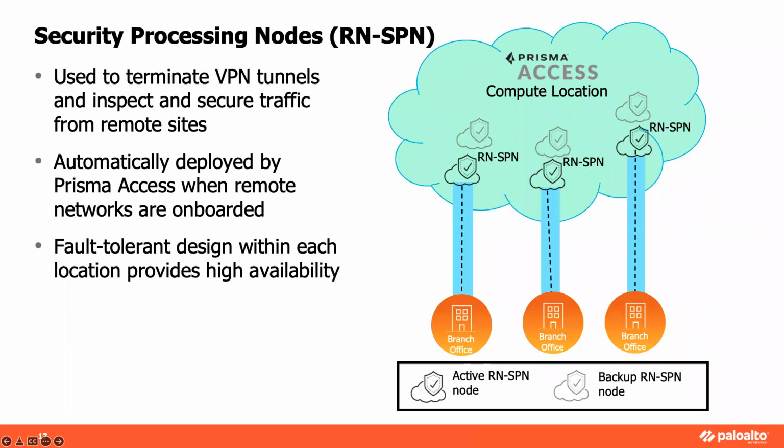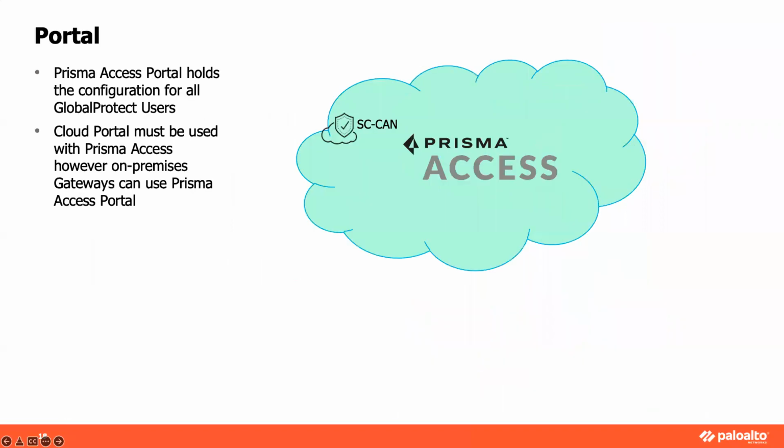You allocate bandwidth, you do all that sort of stuff. You guys are going to find out about all of the details of this stuff as you go along through this course and through your journey here at Palo Alto Networks.